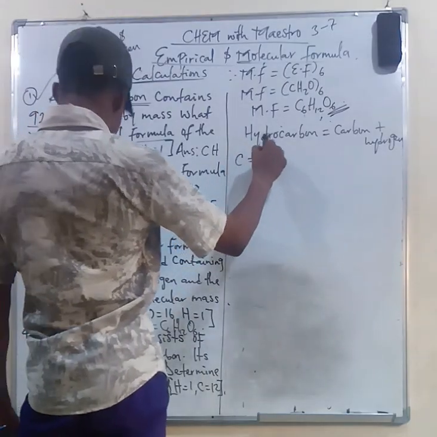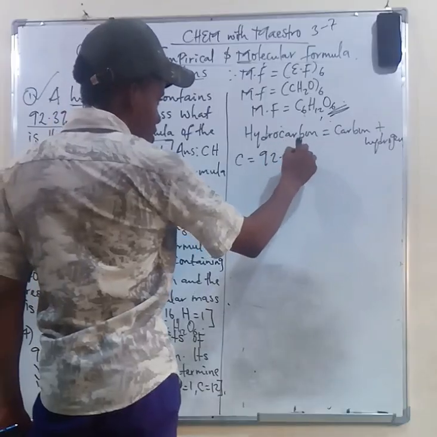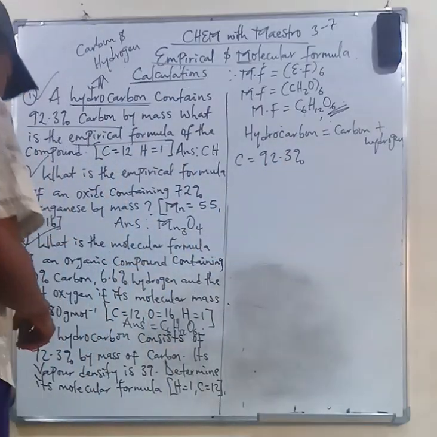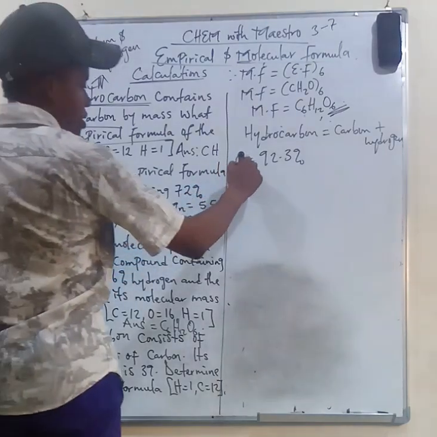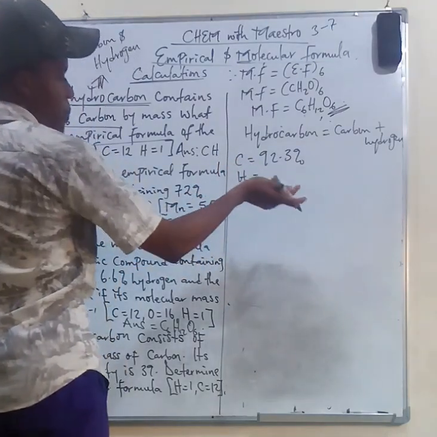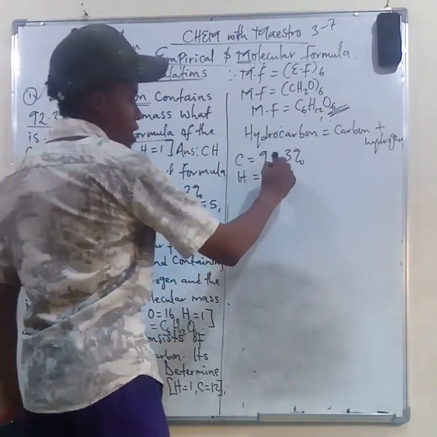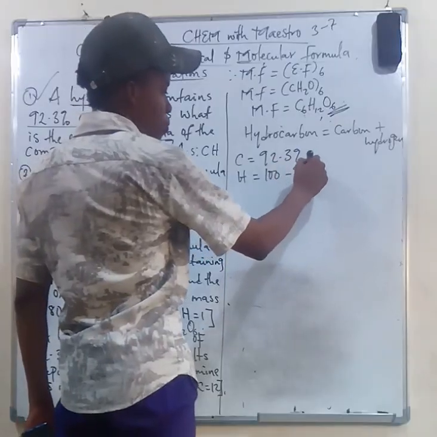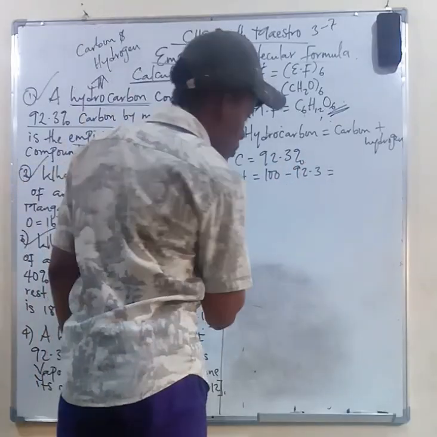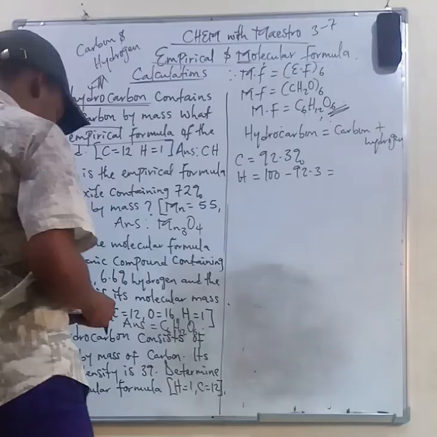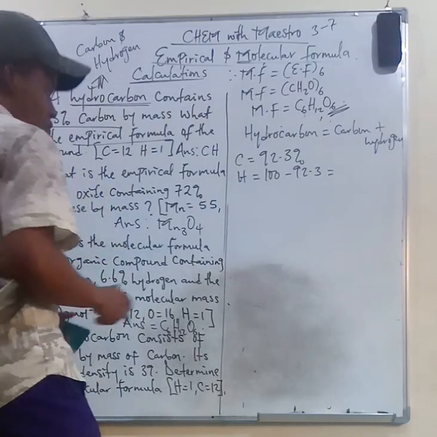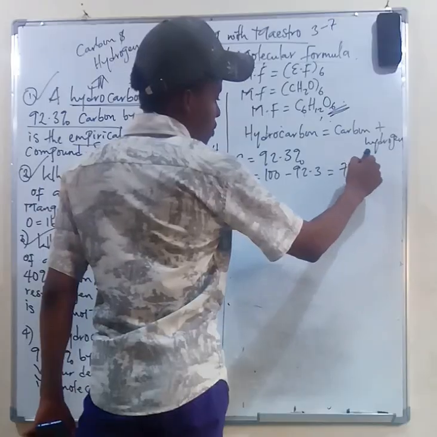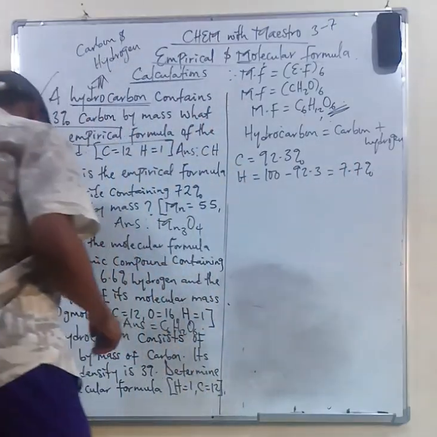Carbon is 92.3%. They did not give us percentage of hydrogen. We can get percentage of hydrogen by 100 minus 92.3. Yes, we got 7.7. So hydrogen is 7.7%.